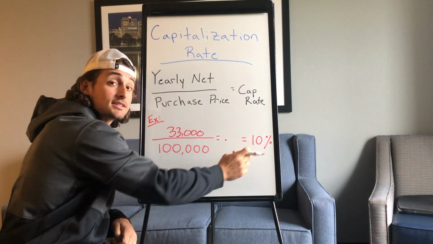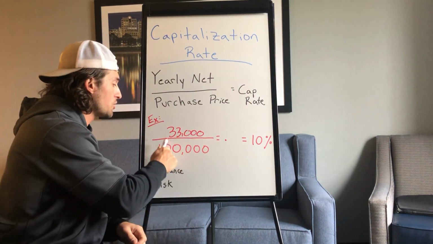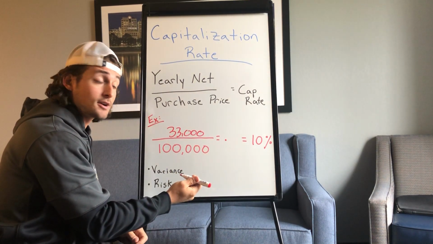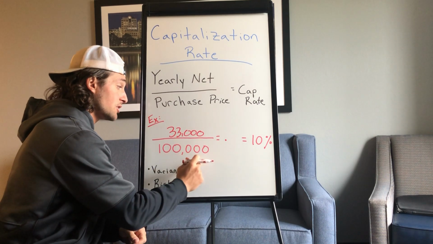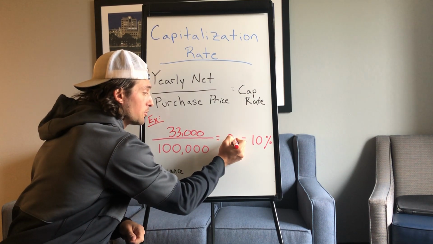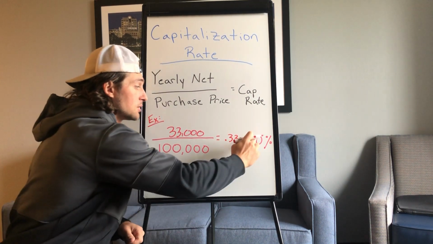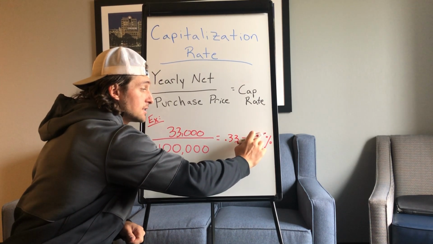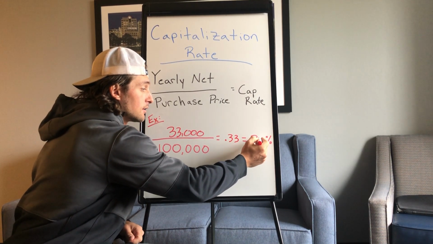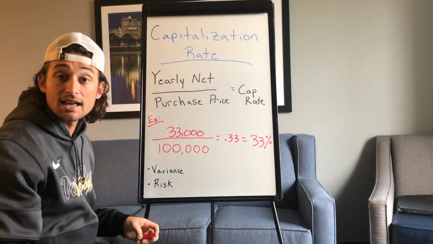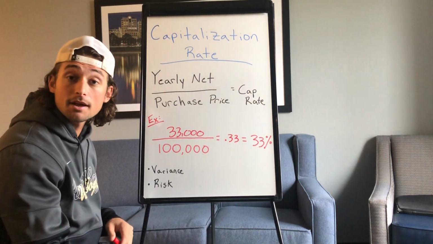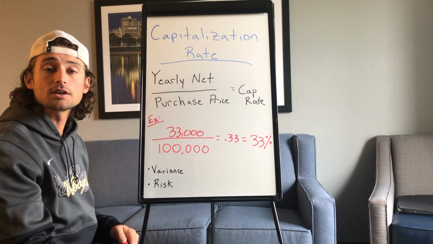The higher this number is, the higher your return is. So 33,000 I'm netting per year divided by my purchase price of 100,000, right? It's gonna be 0.33, which equals 33%, okay? And then if we take 100 divided by that number, I'll make my money back in 3 years, okay?